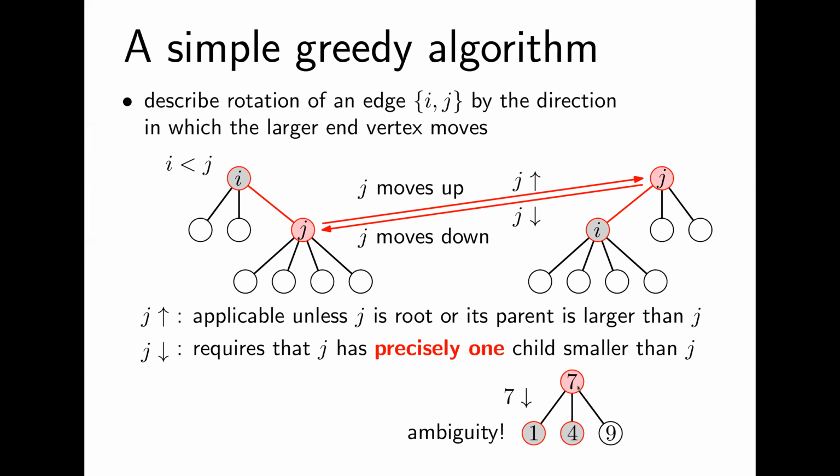If I see this tree and I say 7 move down, then there are 2 smaller children, and I don't know, should I rotate 7, 4 or should I rotate 7, 1? So these operations have to be treated with care. Sometimes they don't apply, and sometimes they are ambiguous. It's not always clear whether I can apply them.